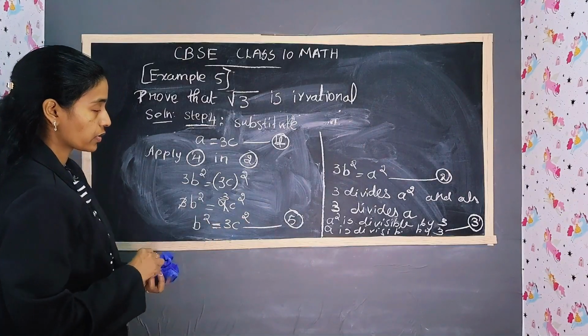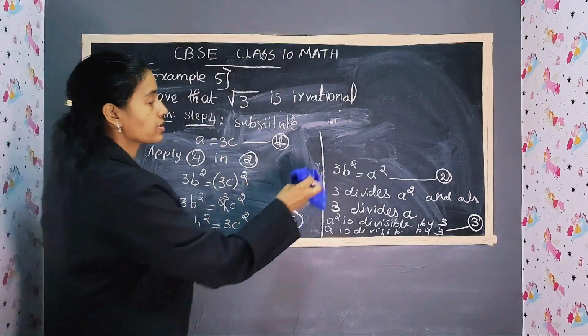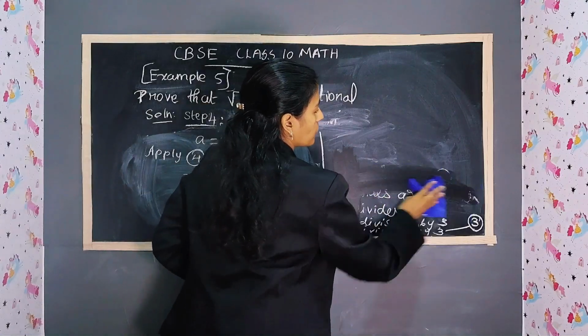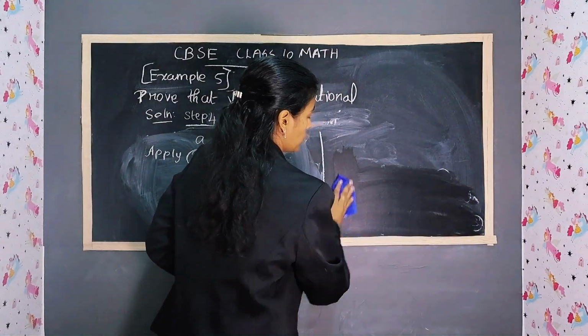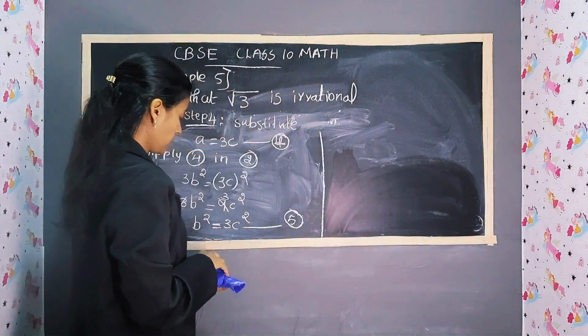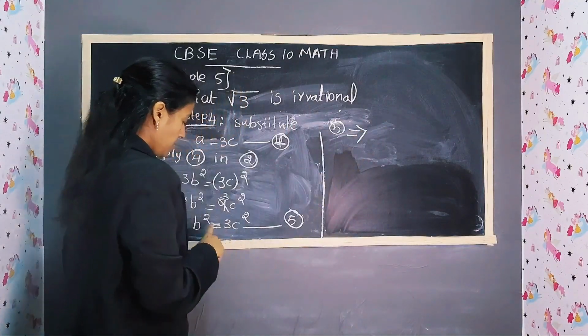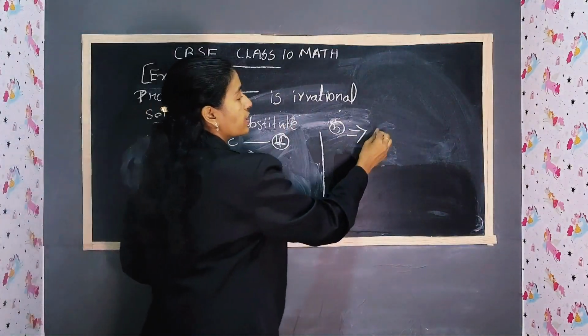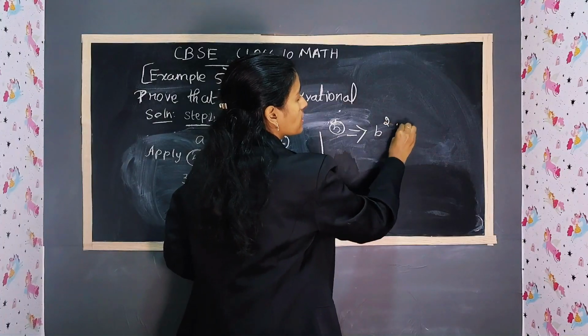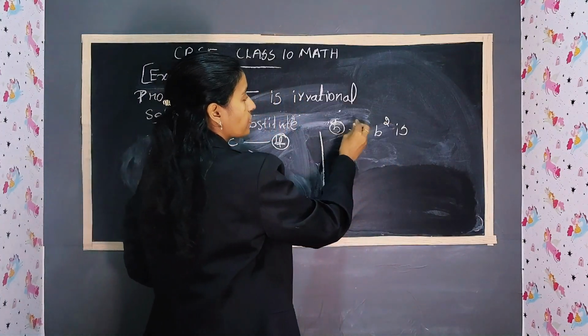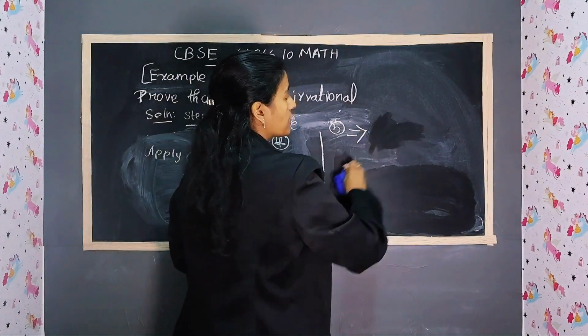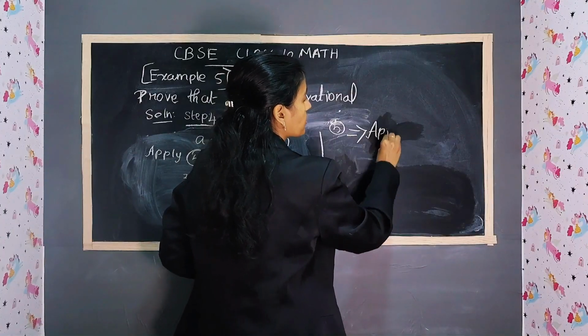From the fifth equation, b square is divisible by 3. Apply the theorem again.